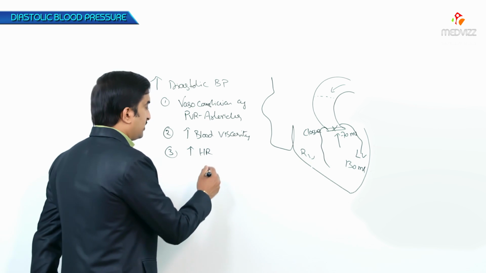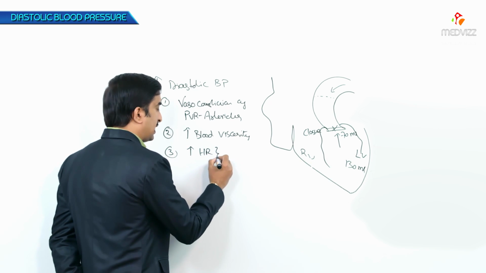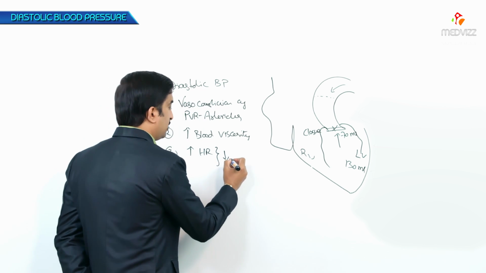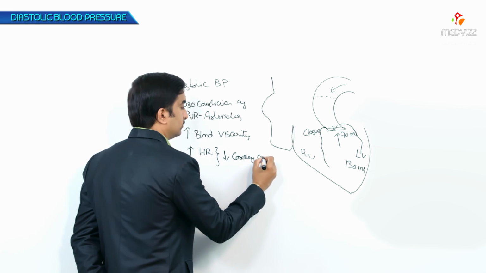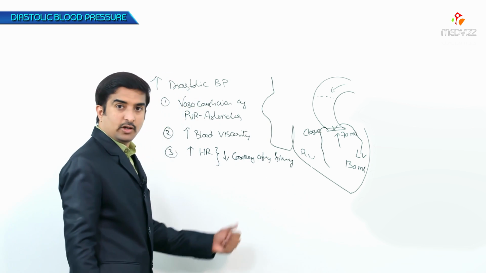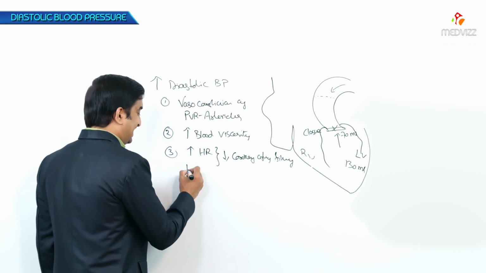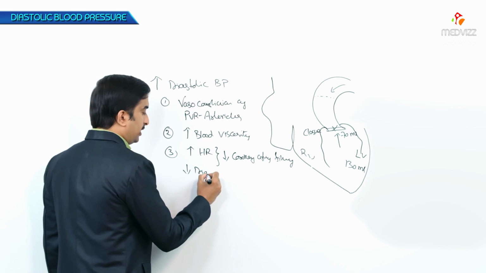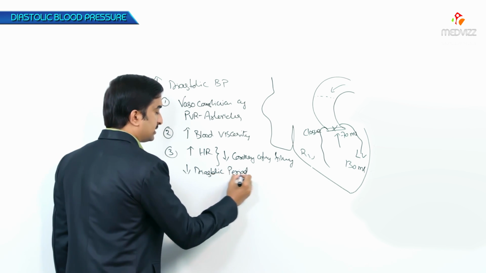So, increase in the heart rate leads to what? Decrease in the coronary artery filling, right? So, increase in the heart rate causes decrease in the diastolic period of the cardiac cycle.